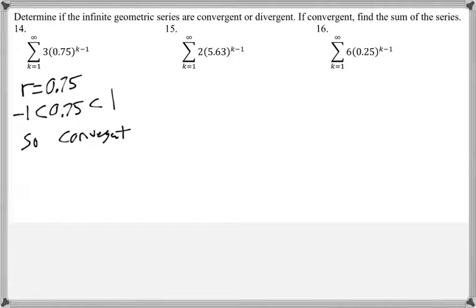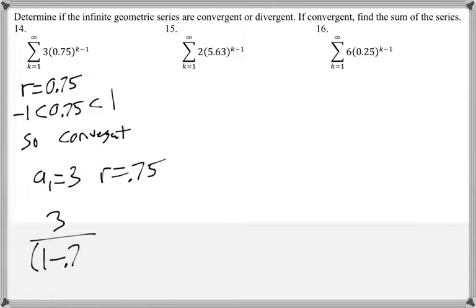So I want to find the value that this series converges to. So if you take a1, which is 3, and r, which is 0.75, and put those in your formula, it's going to be 3 over 1 minus 0.75, which is equal to 12. So this is the value that the series will be equal to.